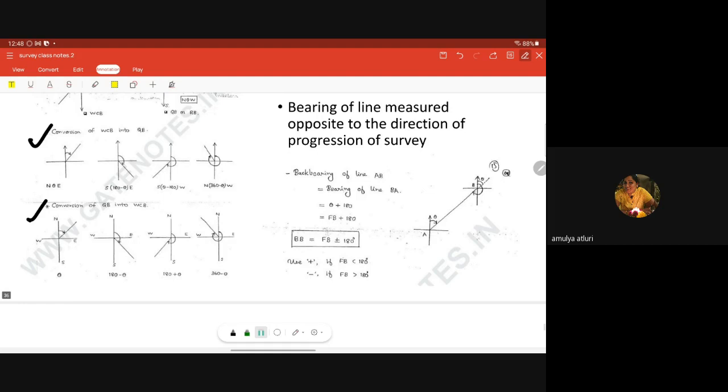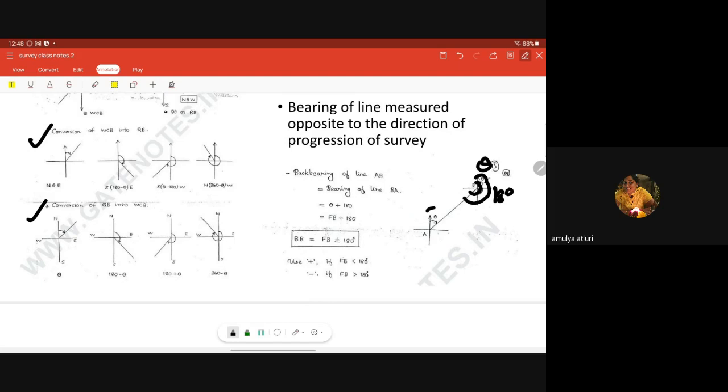So let's see one example. They're asking the back bearing of line AB. Back bearing of line AB is nothing but the bearing of line BA, right? We can see it in the progression. What is the angle? Theta. So the bearing of line BA is theta plus 180. This is your theta, and this is the horizontal angle 180. What is theta?